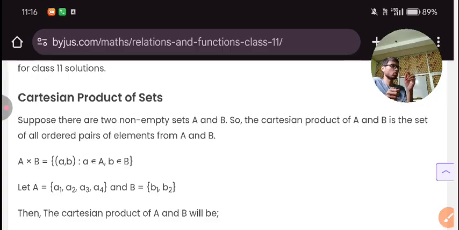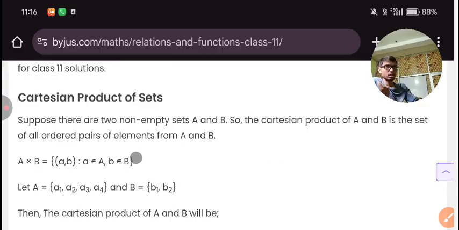For example, (2, 5) is one element, then (6, 7), (13, 2), like that. And we put them like that when we have two sets. When we have two sets, first of all we take x, then we take y.